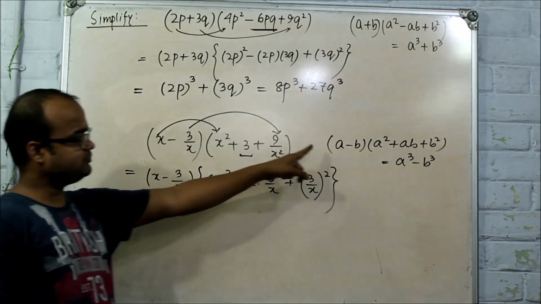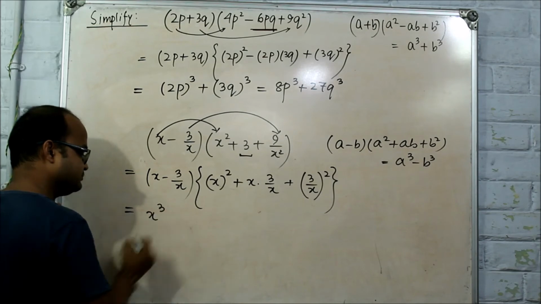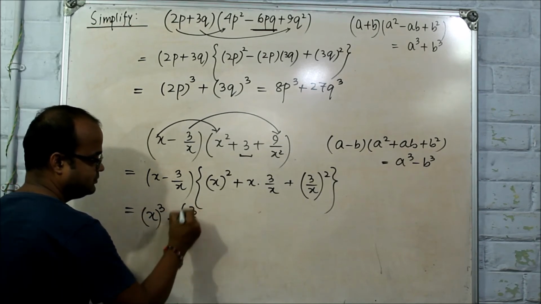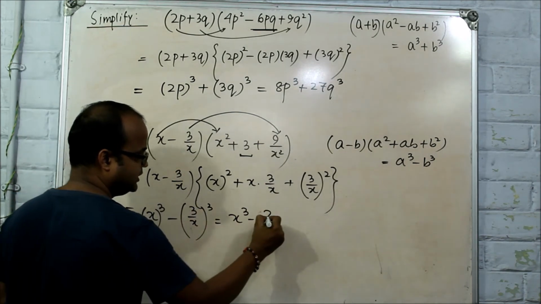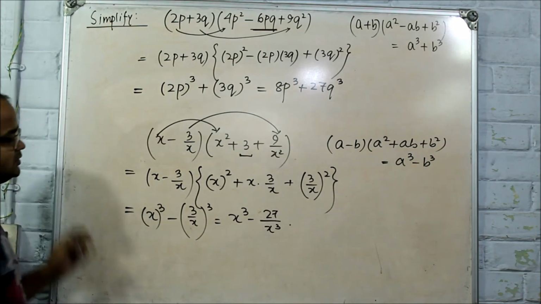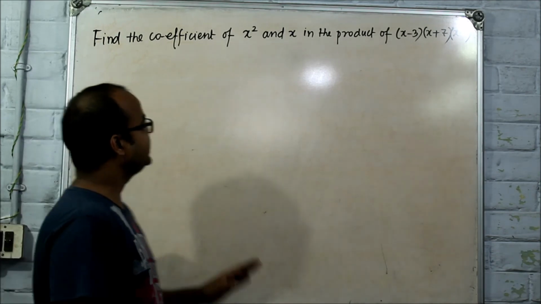So we arrange the terms as given in the formula. So this will be equal to a³ − b³, which is x³ − 27/x³. Clear? Now let us discuss the next problem.